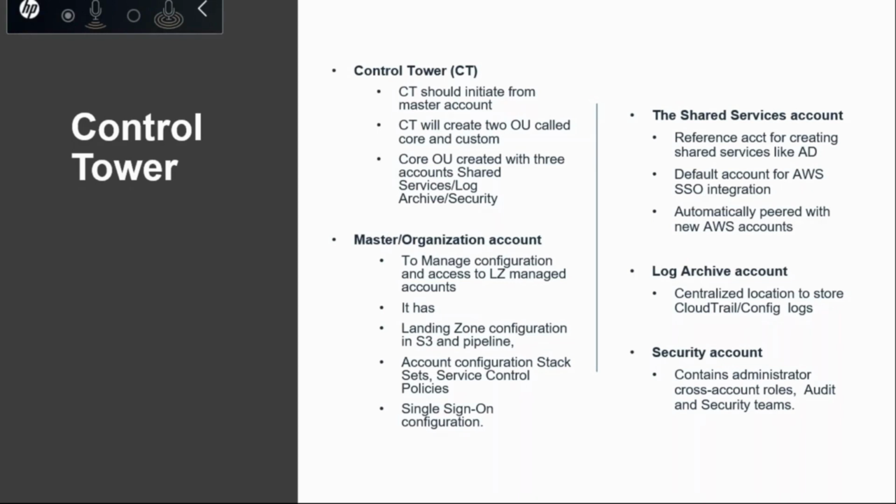If you are creating your own accounts, say one for business one and another for business two, those will be created under Custom. You do not have any control over the Core OU; you only have control over the Custom OU.